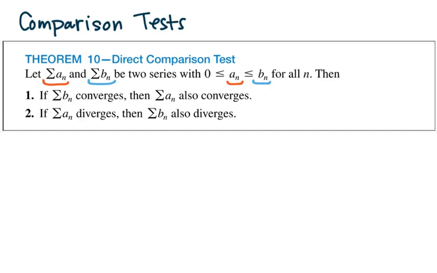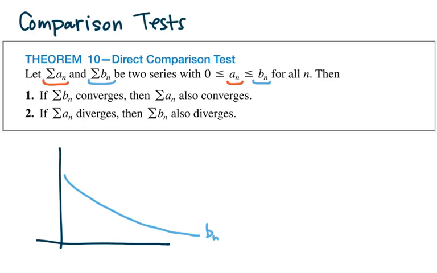So if we think about this, part one, a convergent series, if we were illustrating it, might do something like this, right? If the sum of B converges, then if A is less than it, it's also going to have to converge.